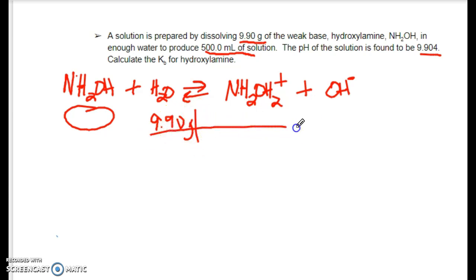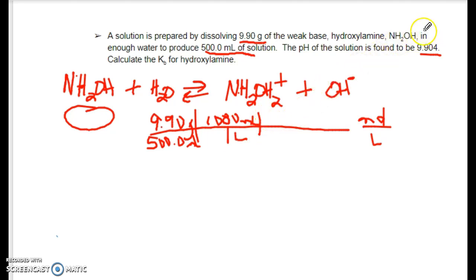So I need a molarity, so I'm going to go moles over liters. And I'm going to put the 500 milliliters in here. And if you're okay with converting that to liters in your head, that's fine. But if not, I'm going to give you the steps. 1,000 milliliters per liter. And then I'm just doing the molar mass, so I have to give you this formula to get this.